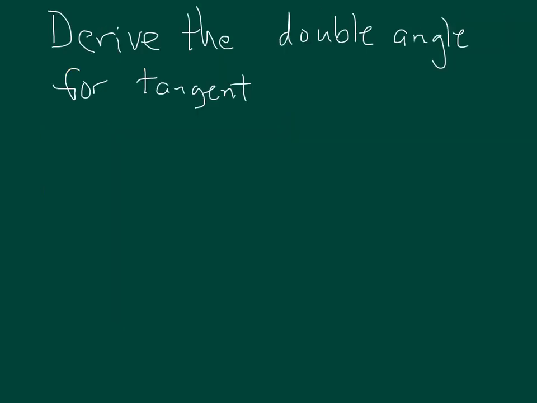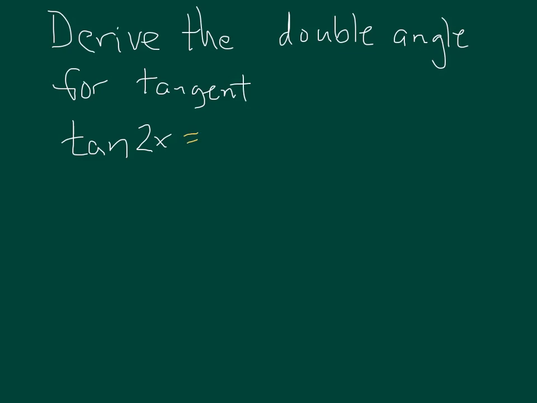Last example, what we're going to do is derive the double angle identity for tangent. So tangent 2x. If you want to know where we're trying to get to, go back in your notes, look at what tangent 2x is equal to, and we're going to end up with that.